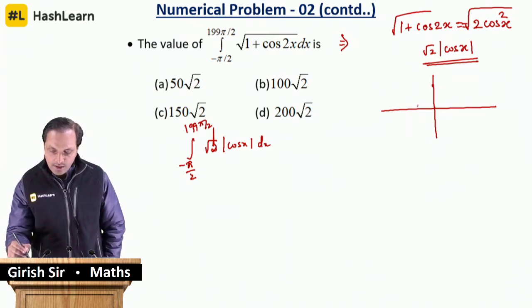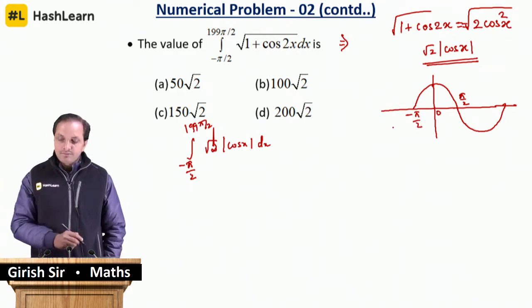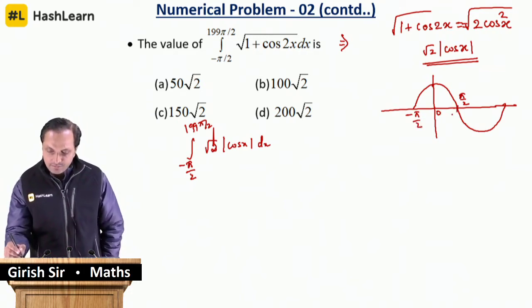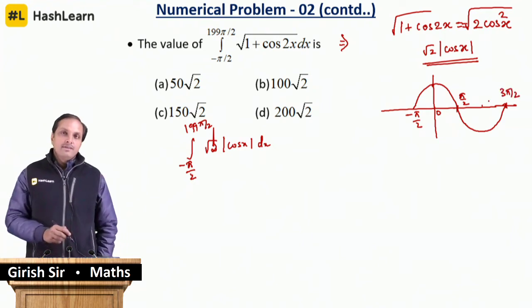Cos 0 is 1. It will be like this. Okay, this is your pi by 2, this is 0, this is your minus pi by 2. ये है pi by 2, 2 pi by 2, ये है 3 pi by 2. Okay, so let us see now.